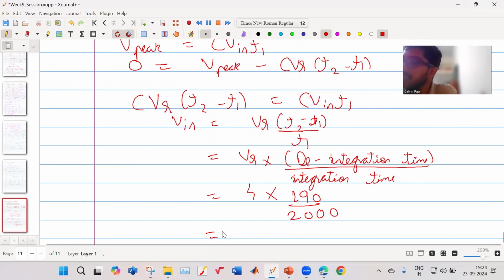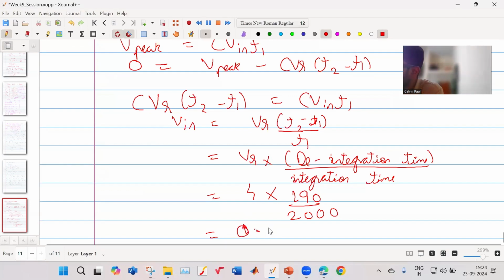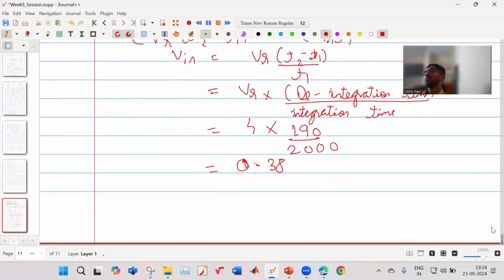So calculate and tell me how much is this? Okay, it comes out to be 0.38, it seems. Yeah. So this is in volt. Okay. 0.38 volts.